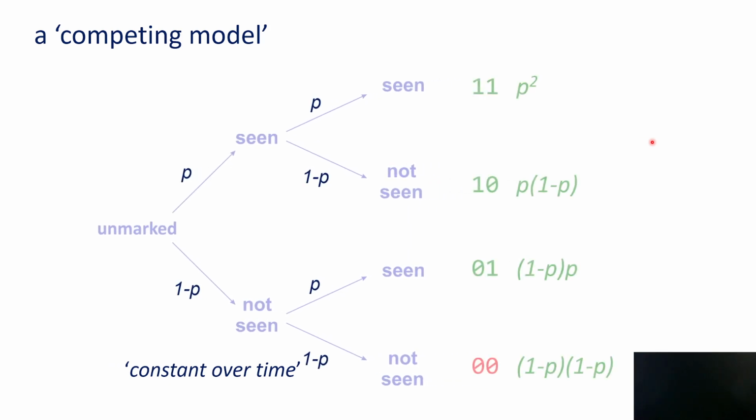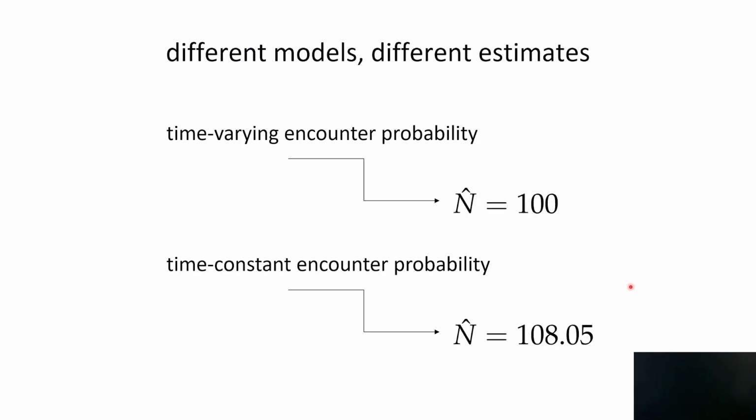Well, as we talked about last time, it doesn't change the basic encounter probability histories, but it changes the probability expression underneath it. So for a given set of data, we're estimating different parameters, and in the context of abundance estimation, which is how we set up that particular example, we get different numbers. Right? So when we had time varying encounter probabilities, we had an estimate of abundance of 100.